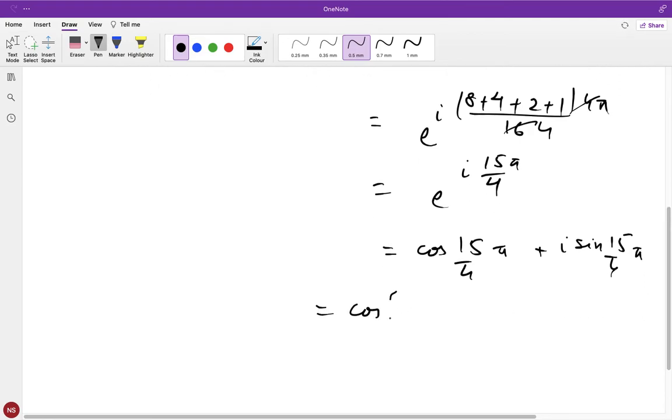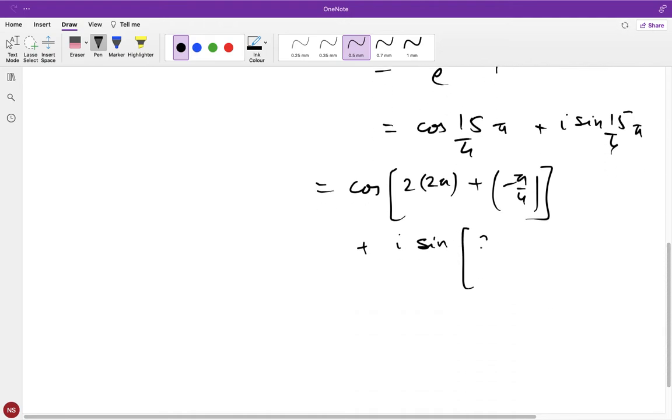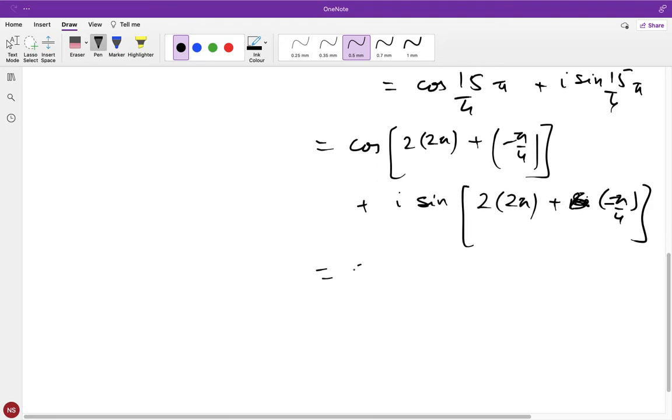I can write it as cos(2 times 2 pi - pi/4) + i sin(2 times 2 pi - pi/4). Why am I doing this? Because we know that the period of cos and sine is 2 pi. So with 2 times 2 pi, which is the period, the expression remains the same: cos(-pi/4) + i sin(-pi/4).